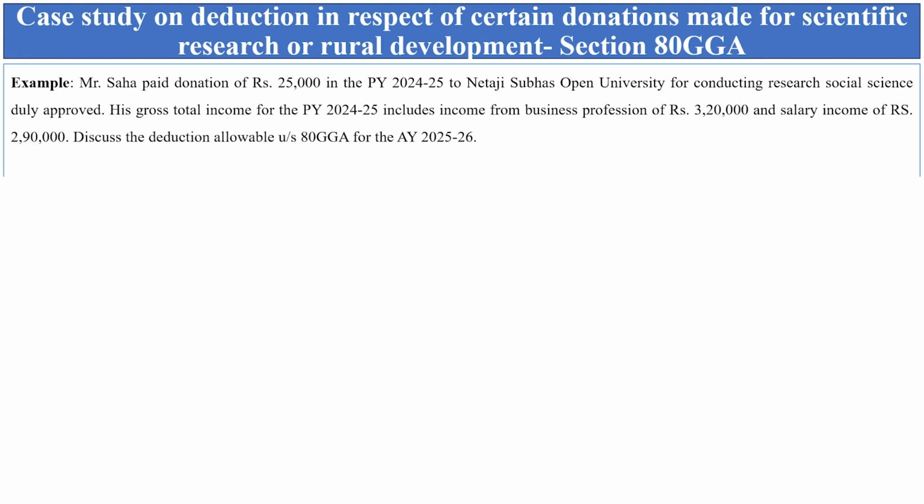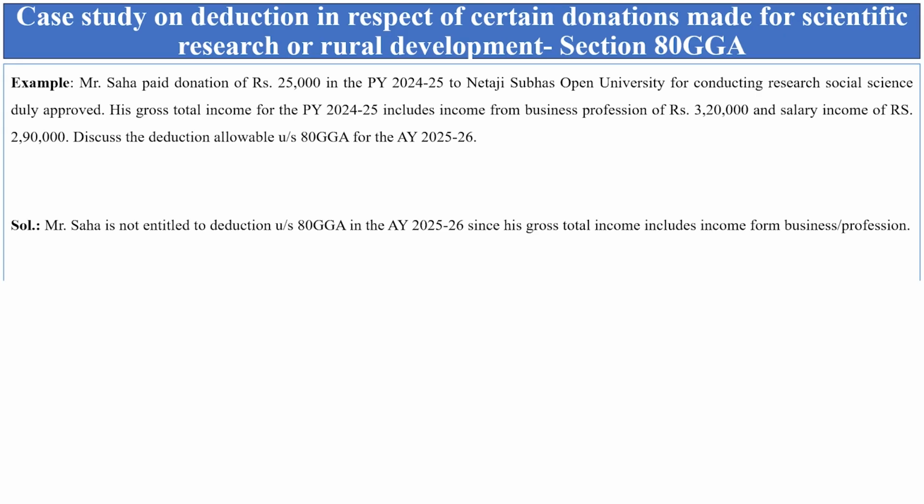Mr. Saha is not entitled to deduction under section 80GGA in the assessment year since his gross total income includes profits and gains of business or profession. That is, deduction under section 80GGA is allowed only if the taxpayer's total income does not include income under the head business or profession. As in this case Mr. Saha has business income of 3,20,000 in his total income, he is not entitled to deduction under section 80GGA.